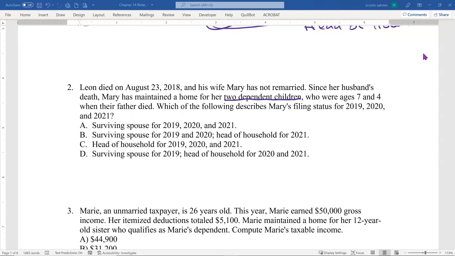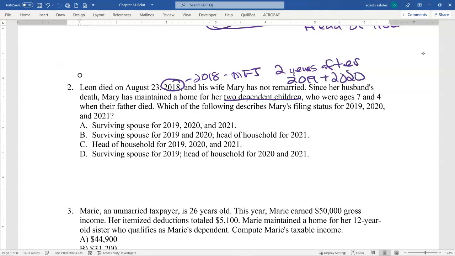Okay, so one key is passed away in 2018. For 2018, they would be married filing jointly because that's the year in which the one spouse passed away. Then after that, for the next 2 years, which would be 2019 and 2020, what you want to look for is, is there a dependent child?